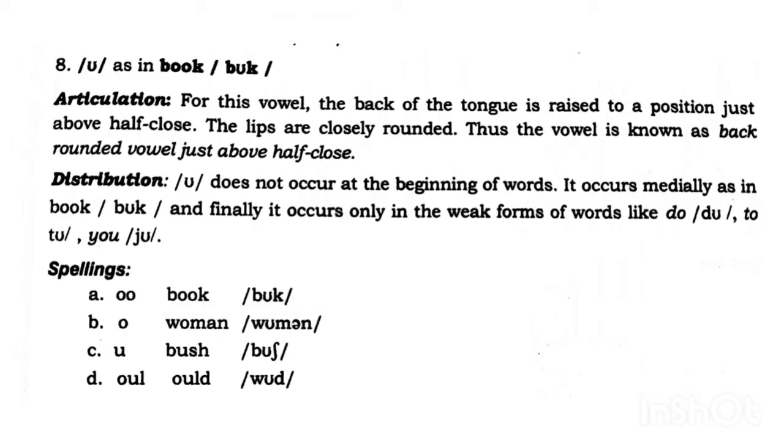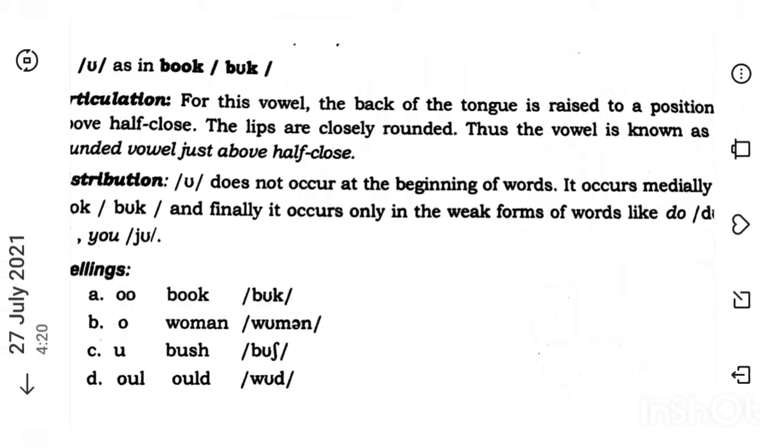As in book, double O represents the vowel sound U, and in woman, O stands for the vowel sound U. In the word bush, U stands for the vowel sound U.